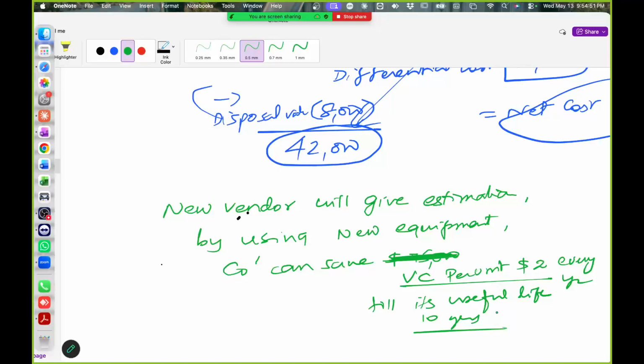Here I am giving you an example of 50,000, 40,000, 300. But think about companies investing in machinery worth billions of dollars. You will not take a decision just like that. You will analyze.